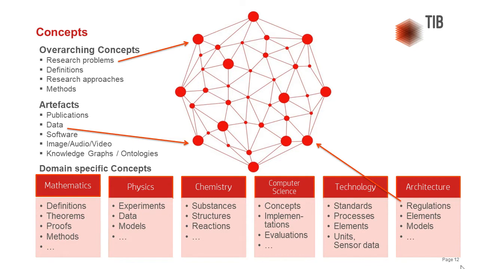So overarching concepts are research problems, definitions, research approaches, methods. Different artifacts are publications, data, software, image, audio, video, and then the domain-specific concepts like definitions, theorems, and proofs in mathematics, in physics, experiments, data, and models, or in chemistry, substances, structures, and reactions.